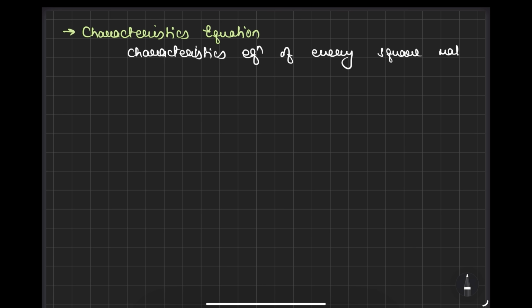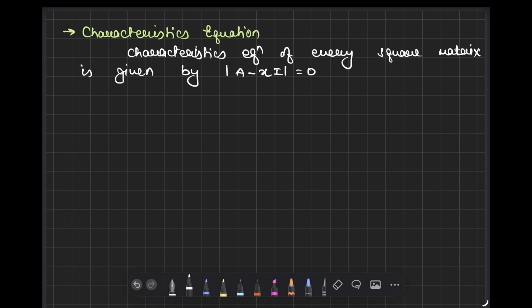Okay, so this idea is applicable for square matrix only, is given by determinant of A minus xI equals to 0, and then you will have a polynomial in x.